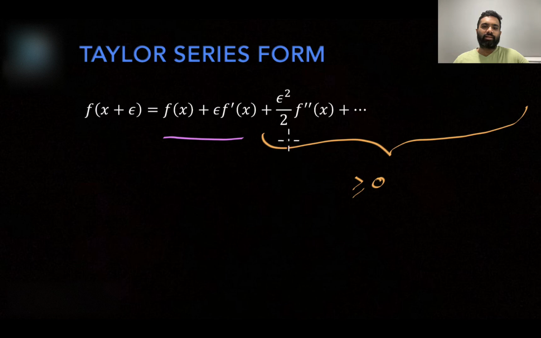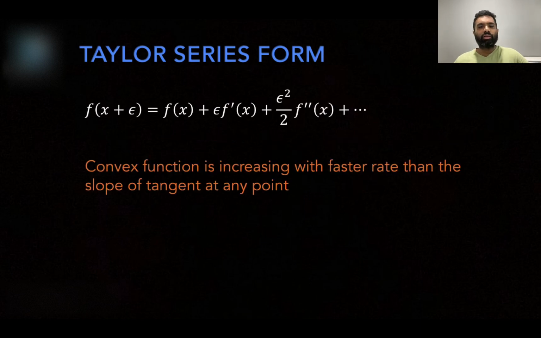So only if the sum of all the terms having degree 2 and more is greater or equal to 0, can we say that the function is convex.